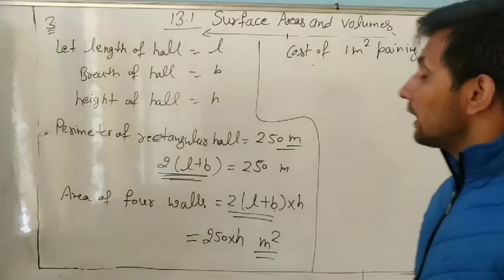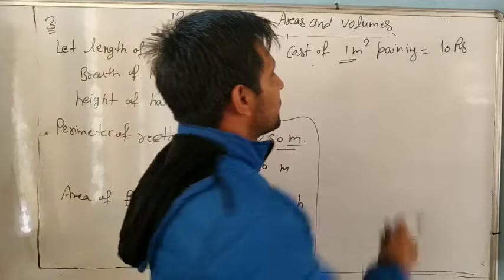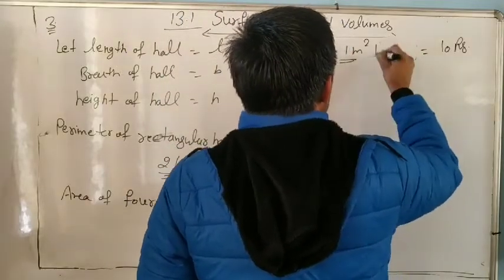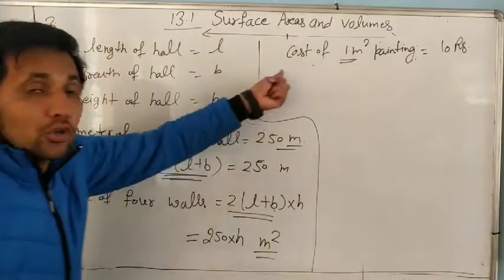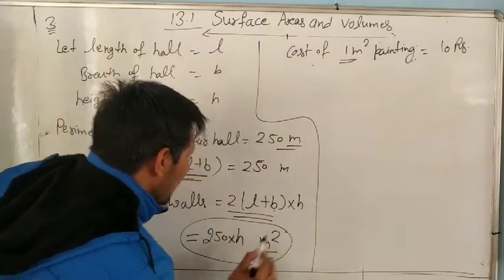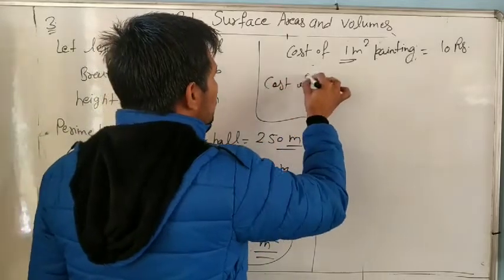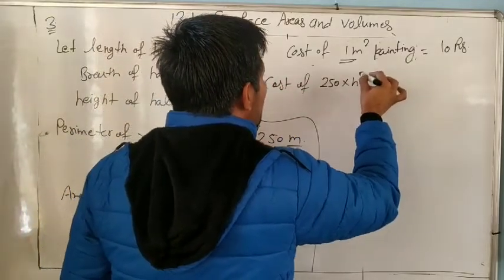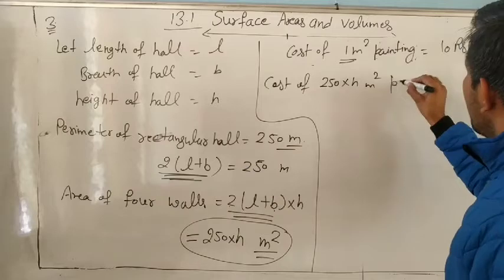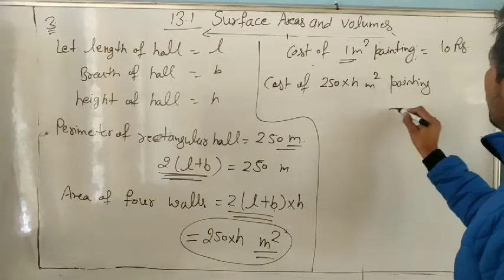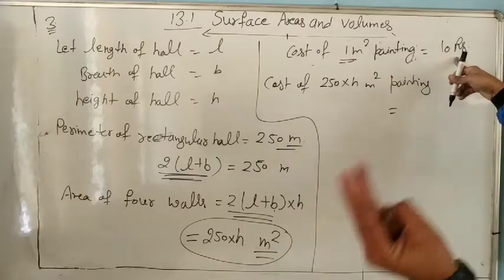The total area is 250 multiplied by H. The cost of 2 meter square is 2 into 10, the cost of 3 meter square is 3 into 10.